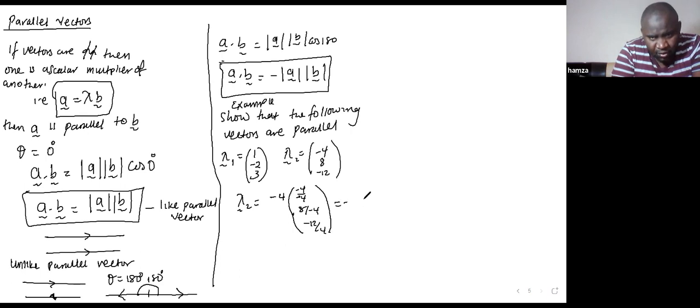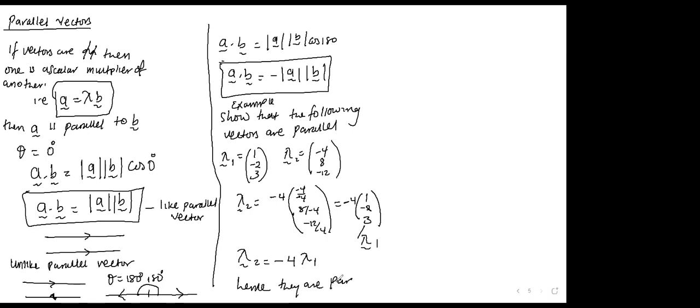This will take you to negative 4 of 1, negative 2, 3. But ideally, this is equal to lambda 1. So this means lambda 2 is equal to negative 4 of lambda 1. Hence they are parallel.